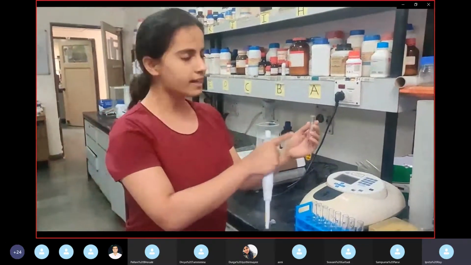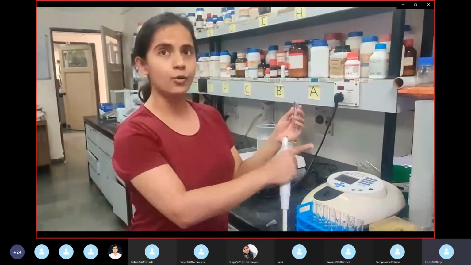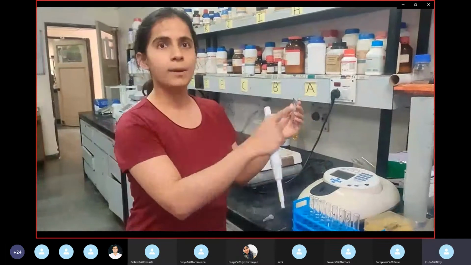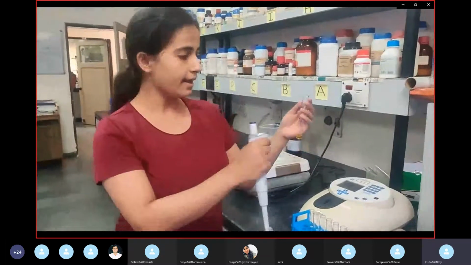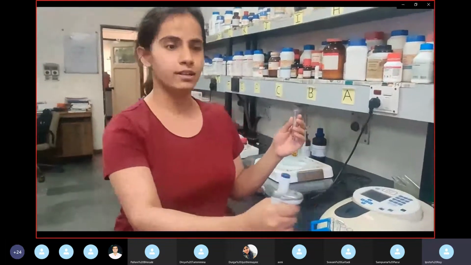This DNSA is a pale yellow color, and when we add maltose to this, then this pale yellow color will convert into an orange red color, which will be 3-amino 5-nitrosalicylic acid, and the intensity of color will reflect the concentration of maltose in it.